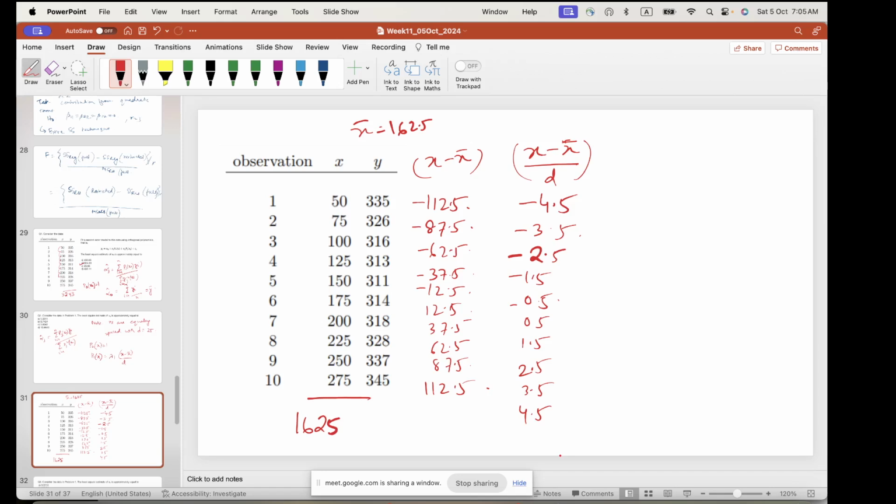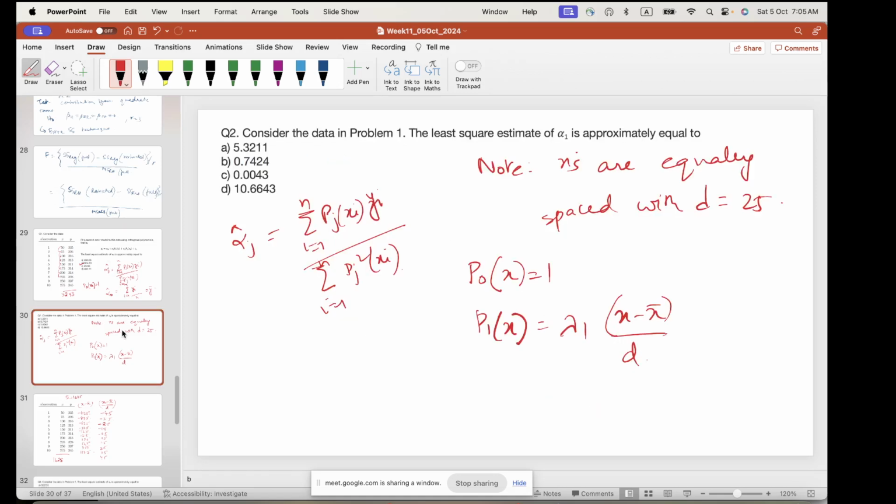And now once we have this, we have to get the least square estimate of alpha 1.